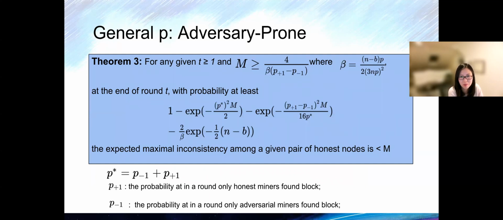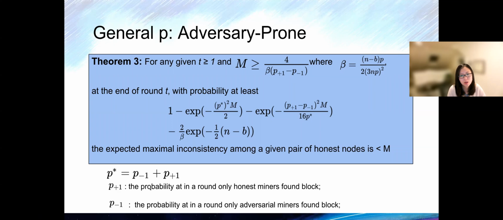Unfortunately, the theorem statement is much more involved than in the adversary-free setting. Here we have a given T that is a round number, and M is the given maximum inconsistency budget. Beta is some parameter determined by NP and P. P plus 1 and P minus 1 quantify the relative power or advantages of the honest group and the adversary miners, respectively.